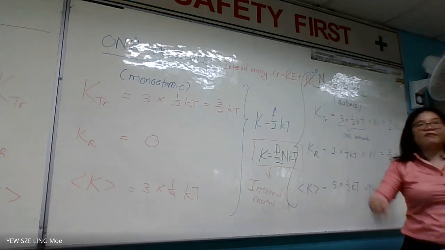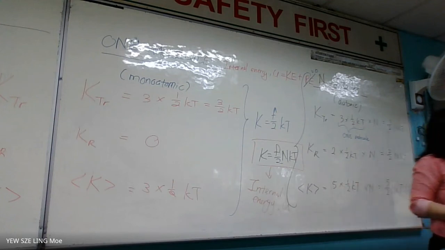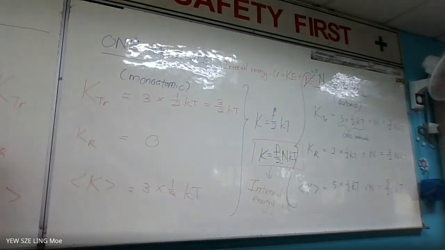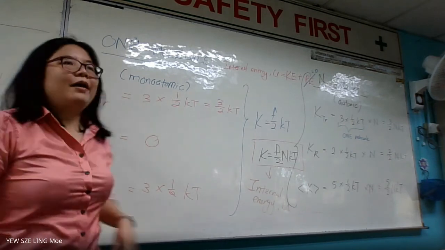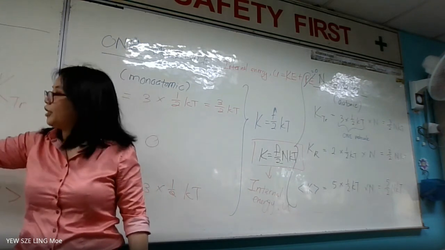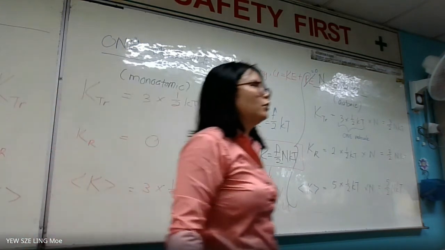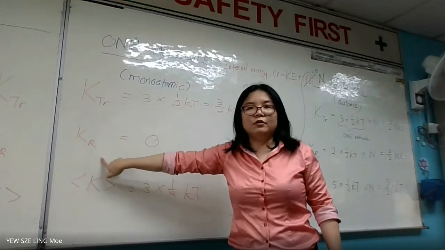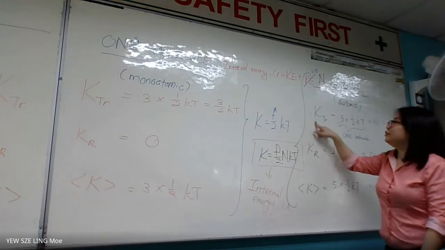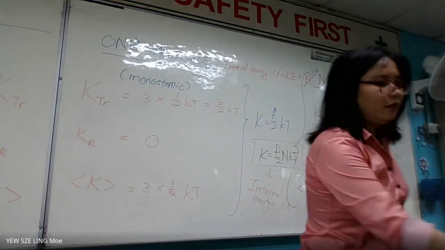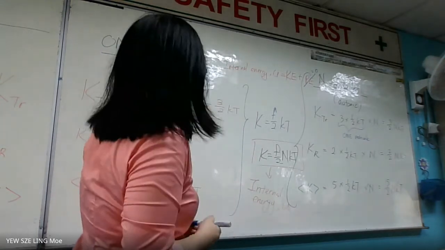I give you 5 minutes to complete the table. You start from this table with the header: monoatomic, diatomic, polyatomic. Then you write down the diagram and the numbers of degrees of freedom in translational motions, rotational motions, and the total. After that, followed by the energy for one molecule, and then the energy for n molecules.